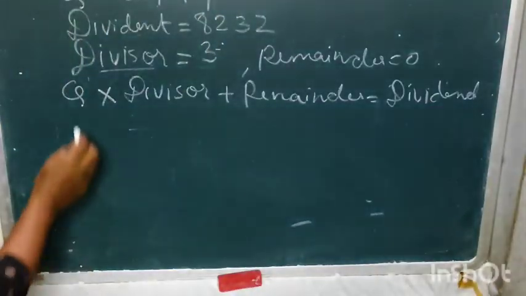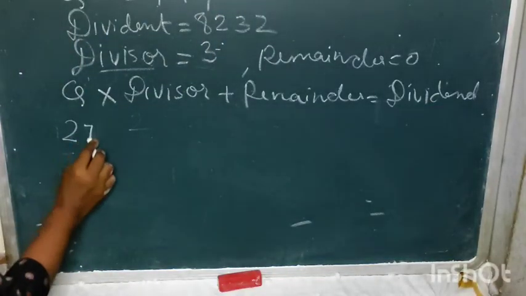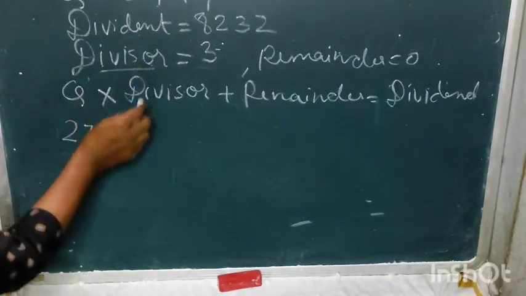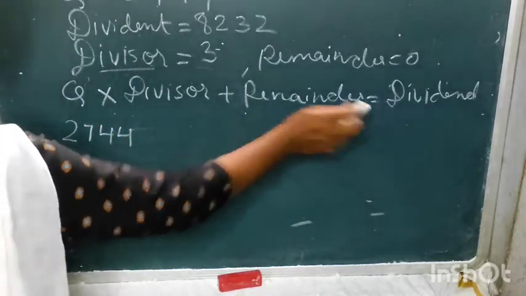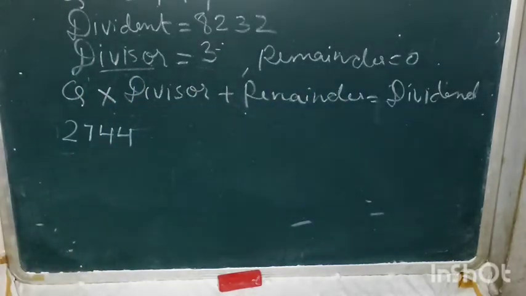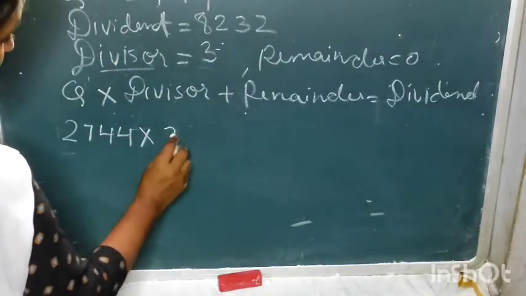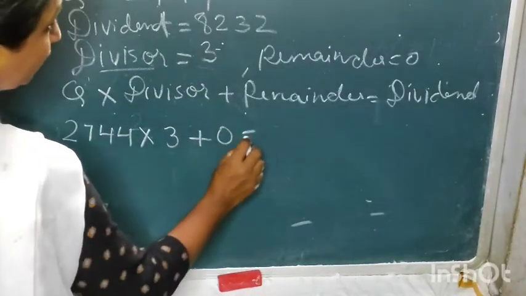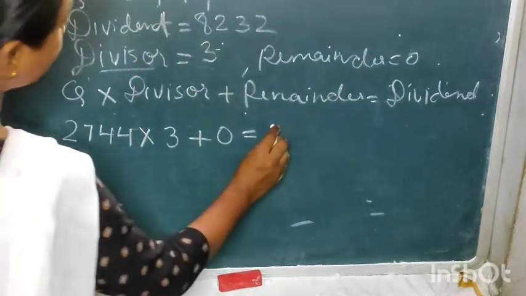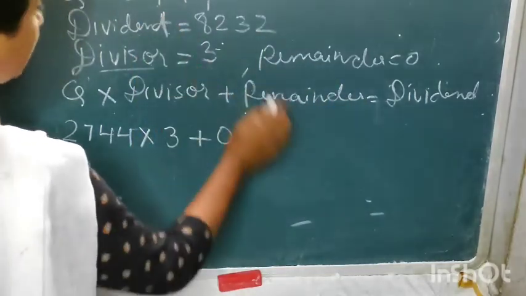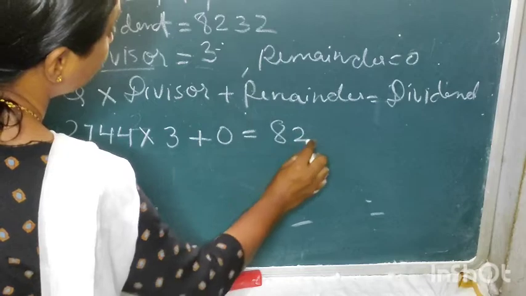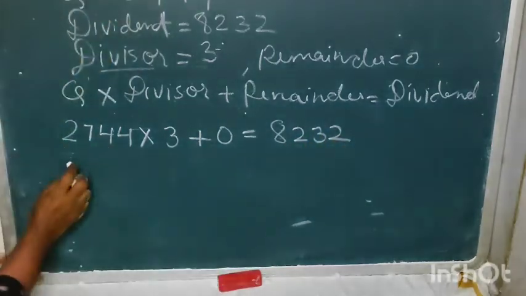So the quotient is 2744. After multiplying and adding, we should get the dividend. Quotient into divisor, which is 3, plus remainder 0, should equal the dividend, 8232.